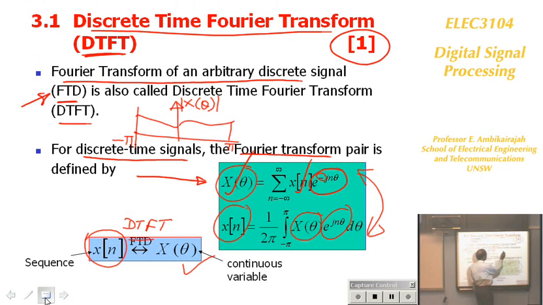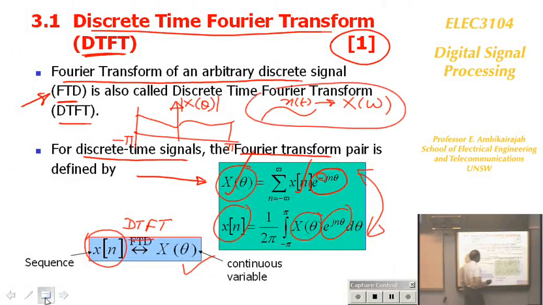Whereas if you have got an analog signal x(t), and if you take Fourier transform X(omega), they are discrete in nature. But anyway, leave that for a moment. You've already done that, without confusing anything. Let's go for this. So X(theta) is a continuous variable. So this is theta.